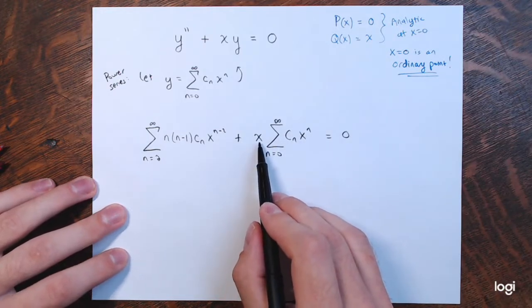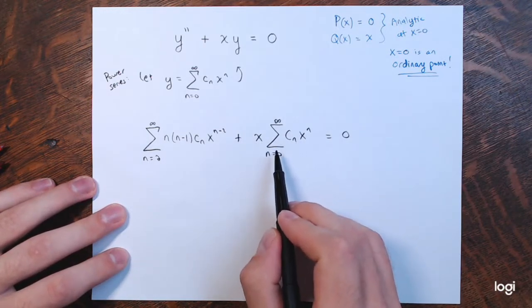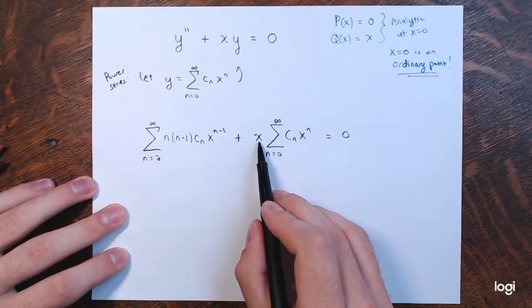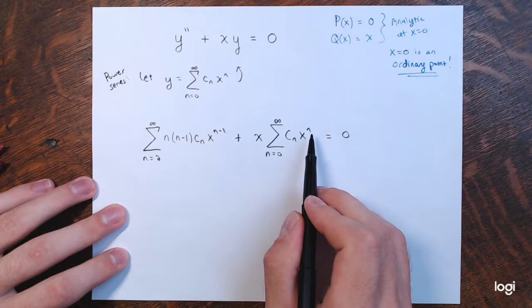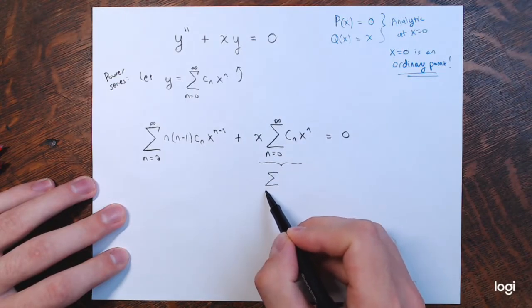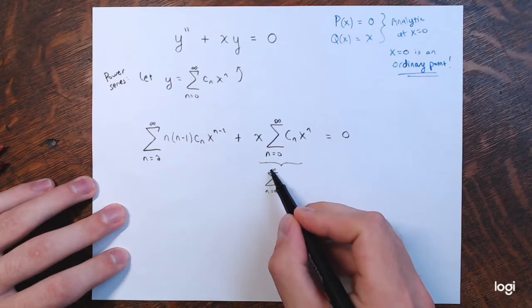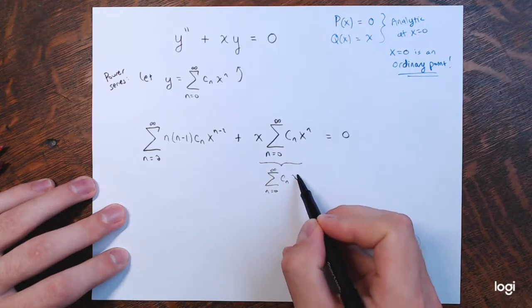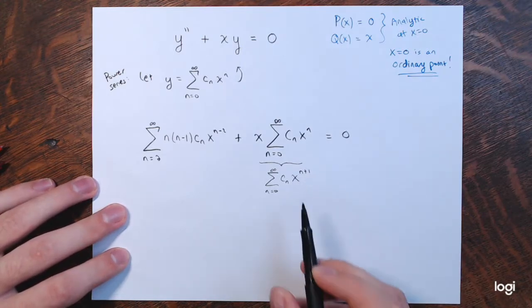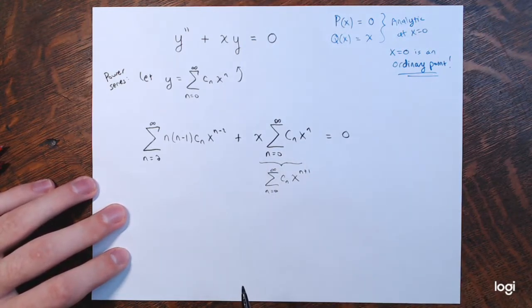Now, because the only variable changing in these series expressions is n, x can be treated as a constant. I can put this inside. So this series can really be written this way: the sum from n equals 0 to infinity of c sub n times x to the n plus 1 power, if you want to put the x inside.